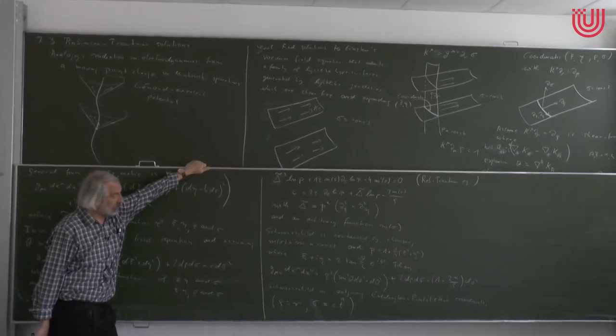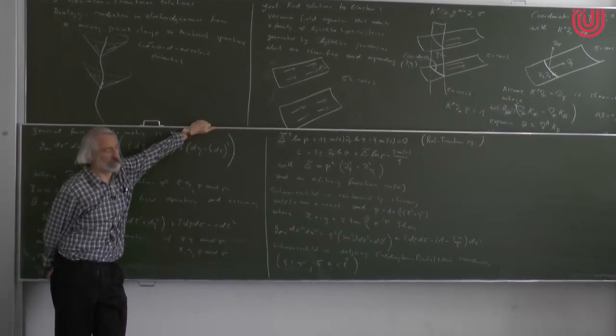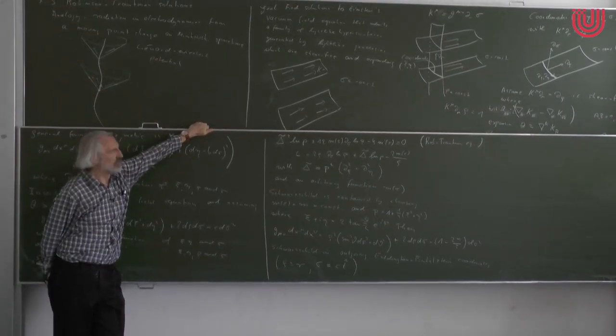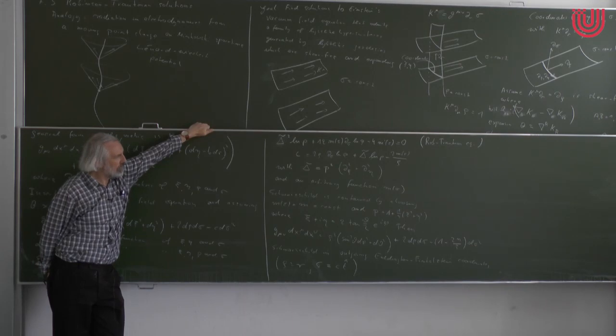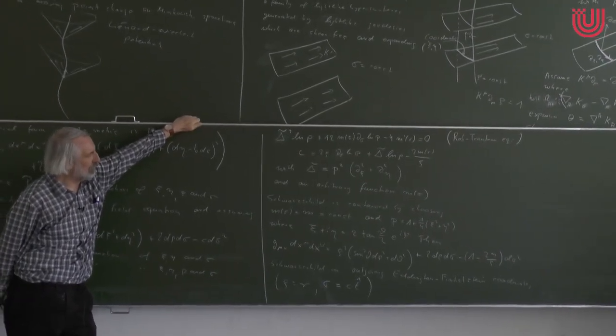The Brinkmann waves are really simple. They have so many symmetries, you can calculate everything explicitly, very easily. The Beck-Einstein-Rosen waves are reasonably difficult. The calculations are more involved, but you can handle them.